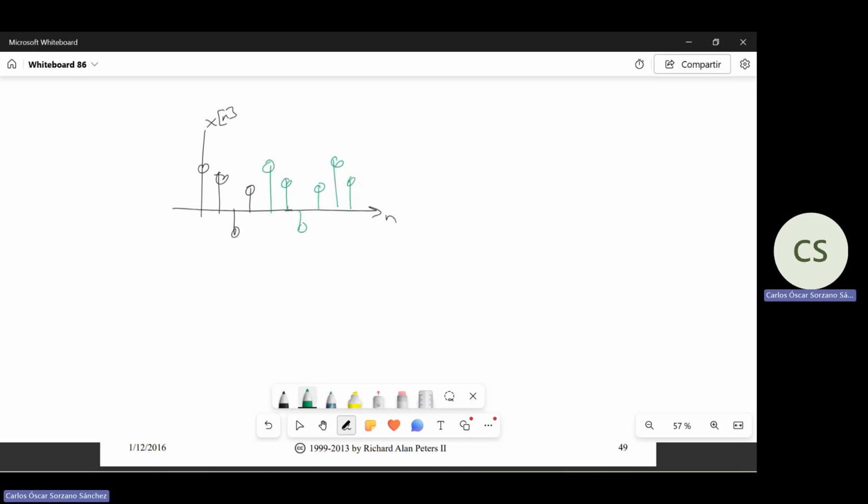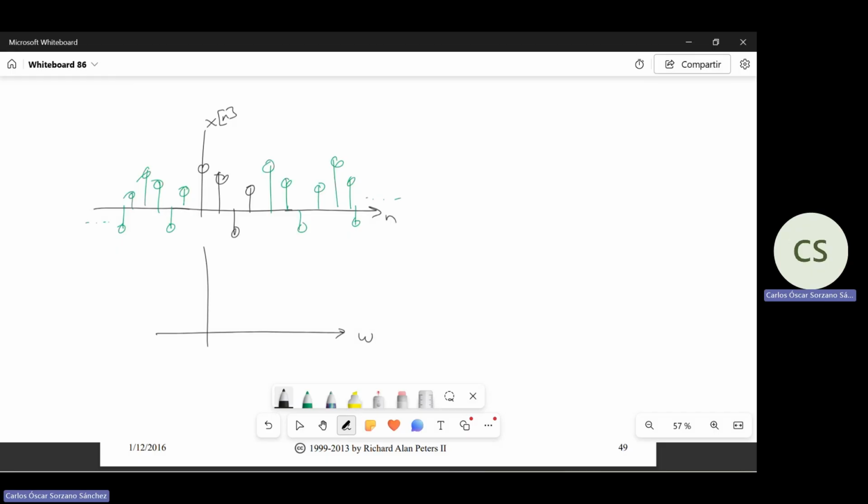And then on the other side it is the same. So you have this one, this one, and again this one. Let's look at the Fourier transform of this signal.